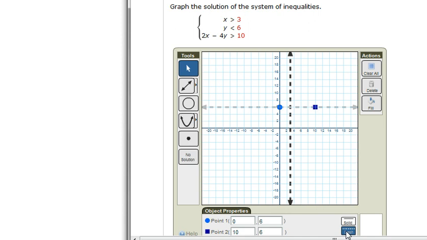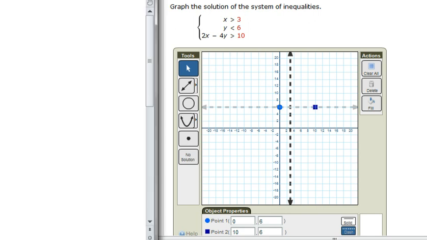Now, in order to graph the third line, I'm going to do a little bit of arithmetic with it. First of all, I will move the 2x to the right-hand side.